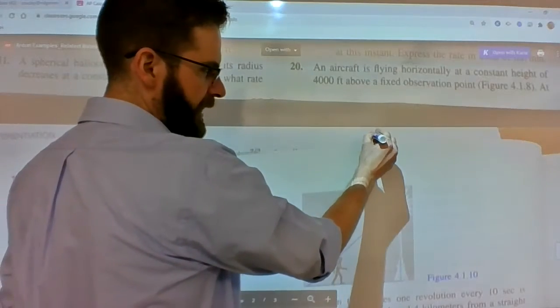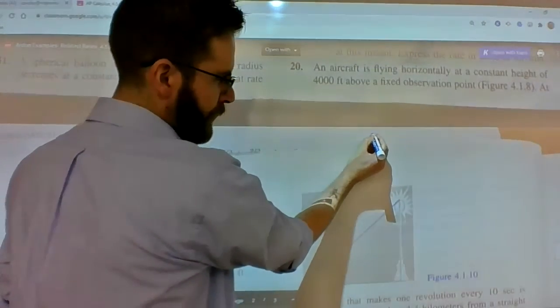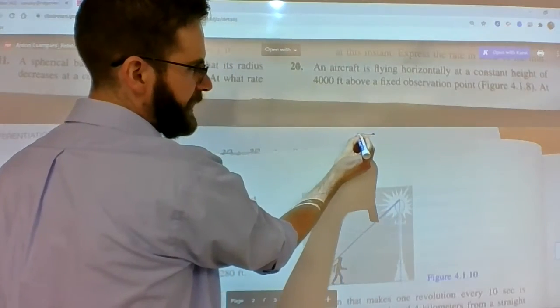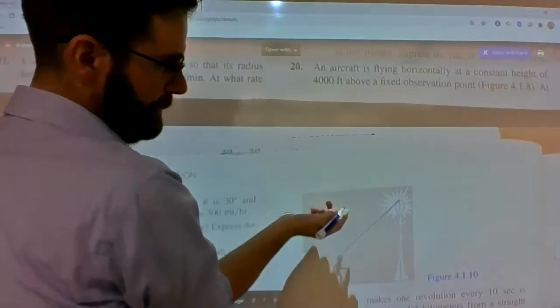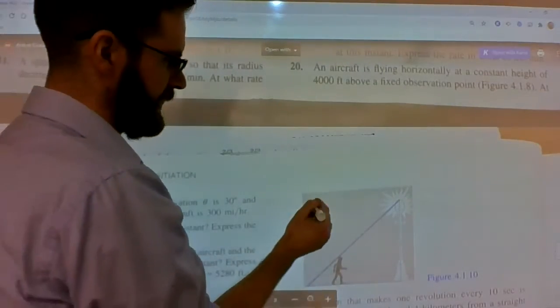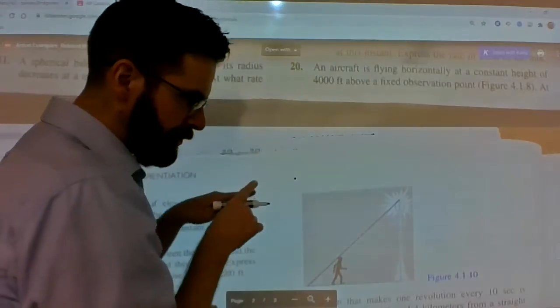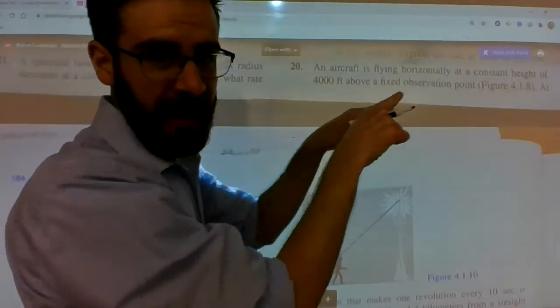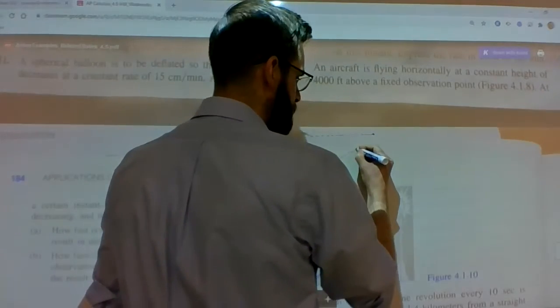We've got an airplane, we'll just call it this point off in the distance because we really can't see it. It's 4,000 feet above the horizon, or I guess above sea level, we'll say. And the observation point's down here. Now, if you're observing, there's going to be a line of sight to the airplane. So here's the line of sight.